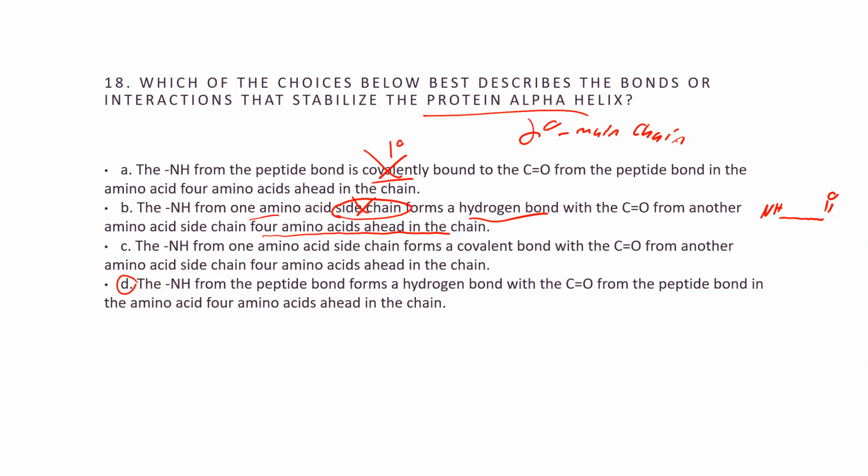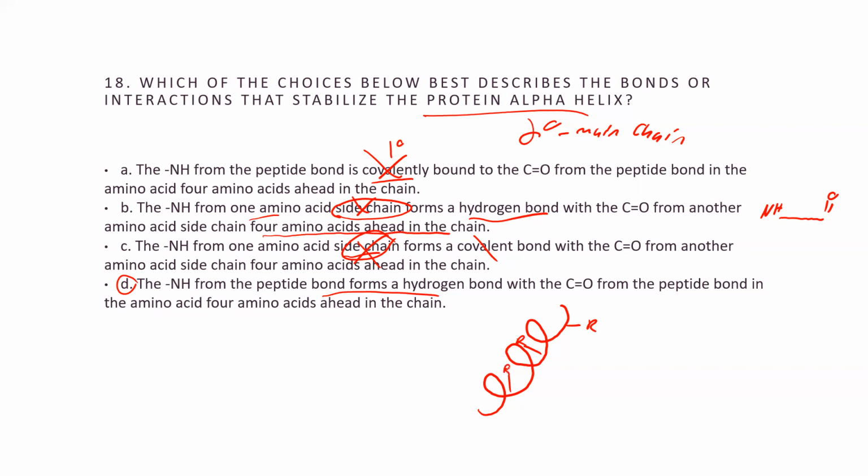Okay, right here, what do we see? Side chain, right? Side chain and covalent bond. The NH from the peptide bond forms a hydrogen bond with the COO from the peptide bond. It's kind of hard to draw, but I'll do my best. So we have our alpha helix here, and on it we have our groups coming off.